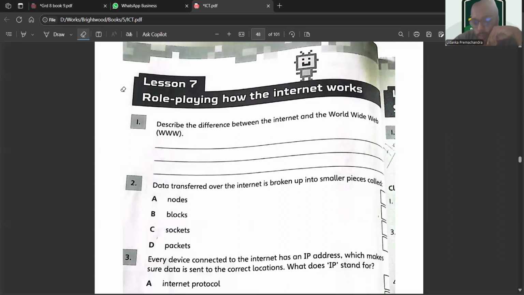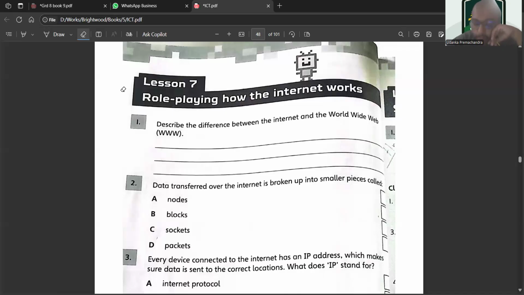Internet and WWW. What is WWW? Actually, the internet is just a network, and a network may be a connection of devices. It is a network of devices and servers that allows devices to communicate, and it gives access for communicating using the WWW, the World Wide Web.